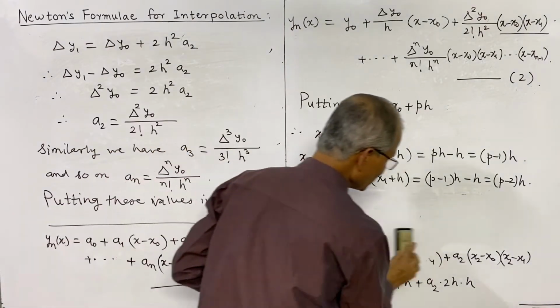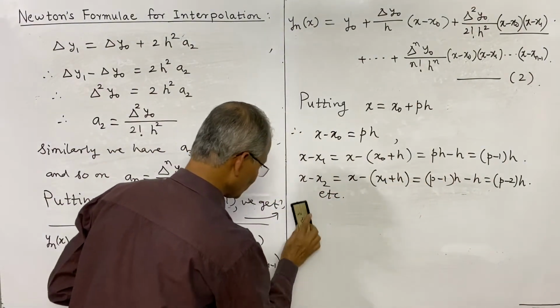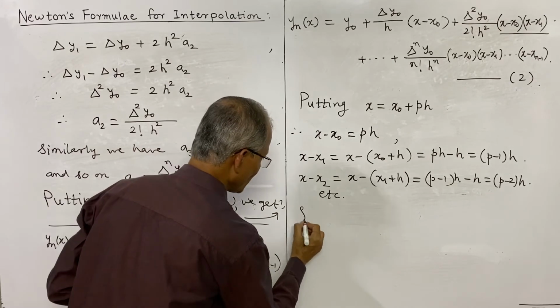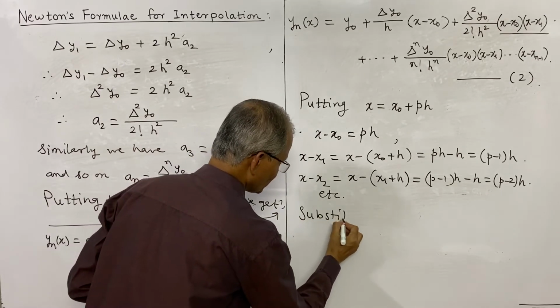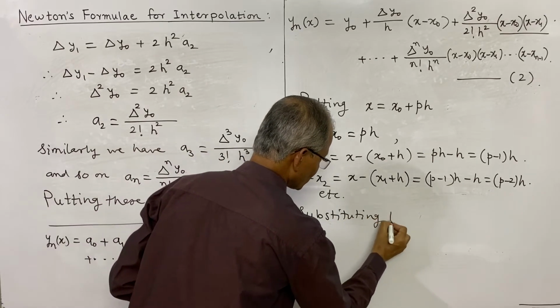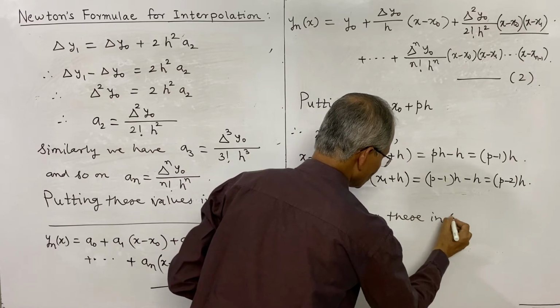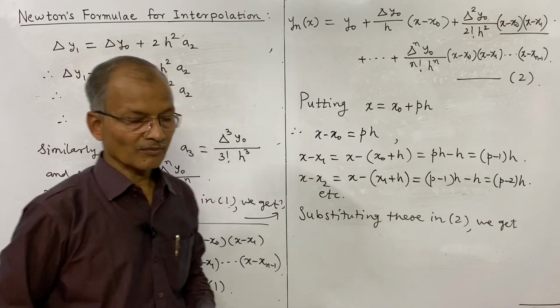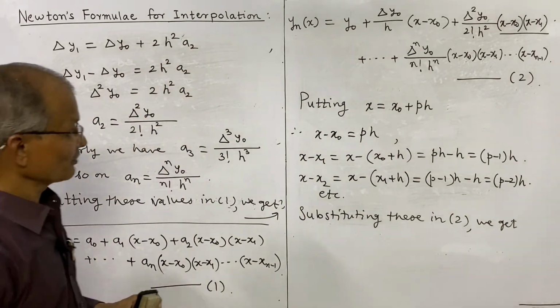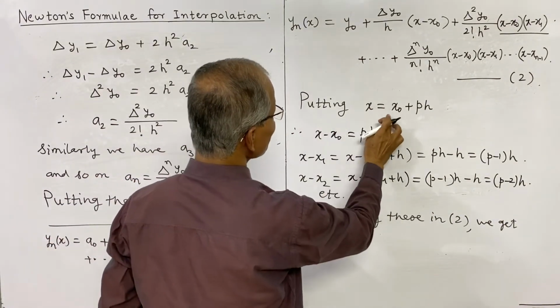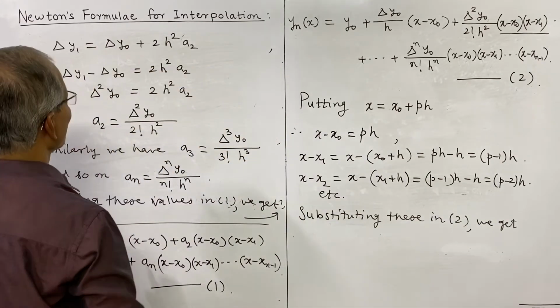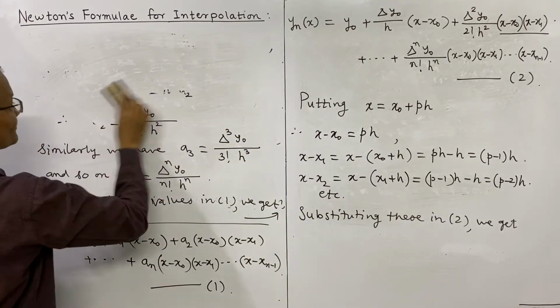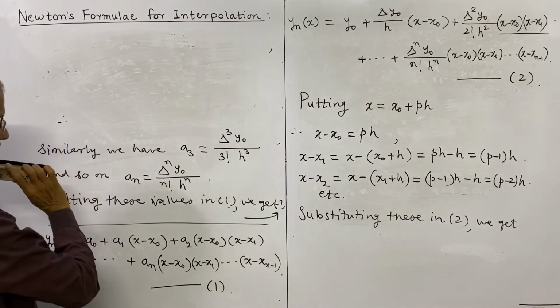So substituting these in 2, we get. Now see what the second relation becomes. Yn at x means x naught plus ph, and I shall write that here.